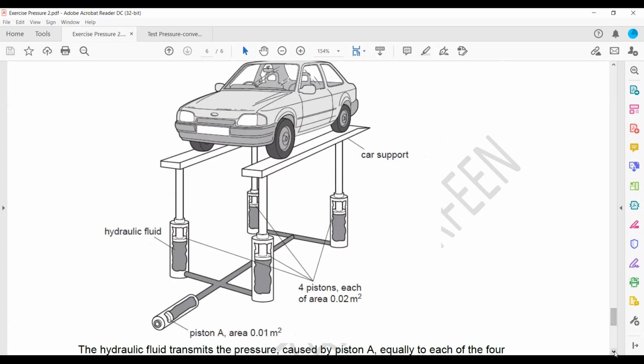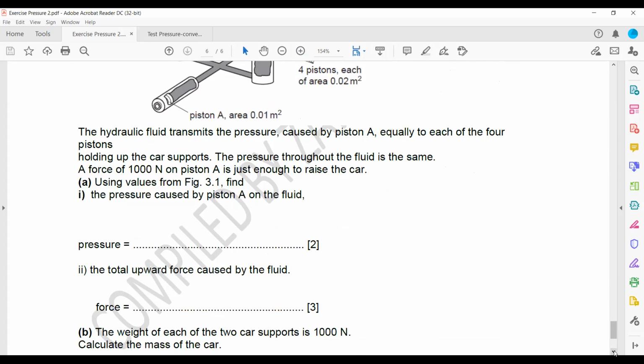The second part, we need the total upward force caused by the fluid. So how to get the total upward force?